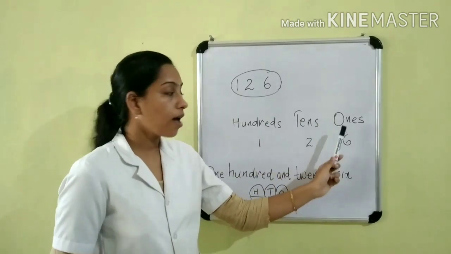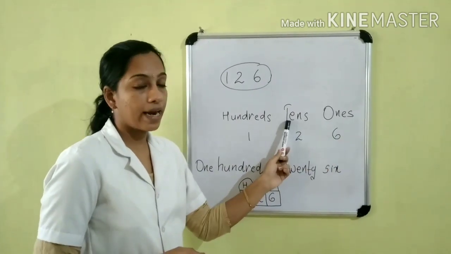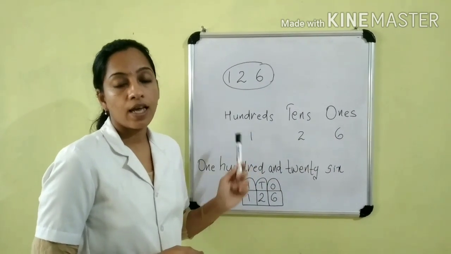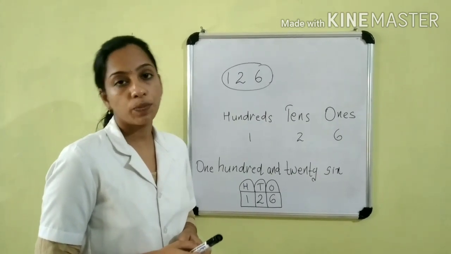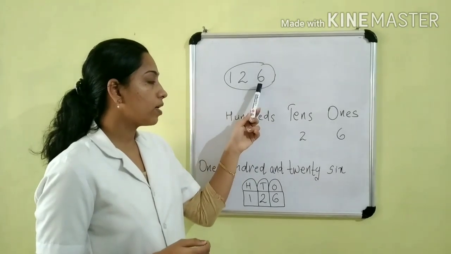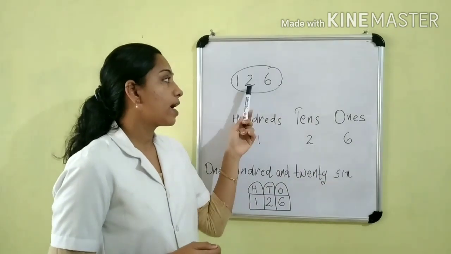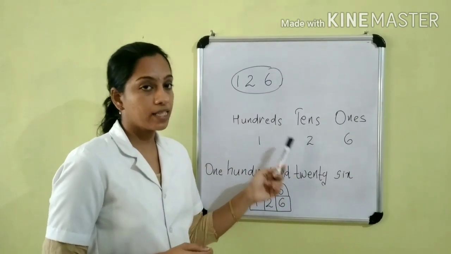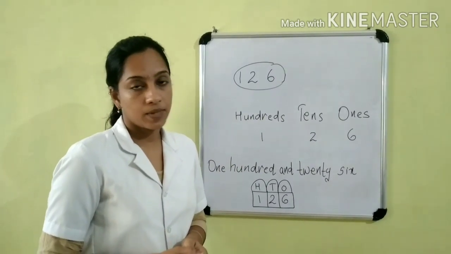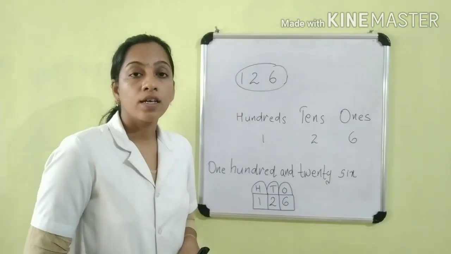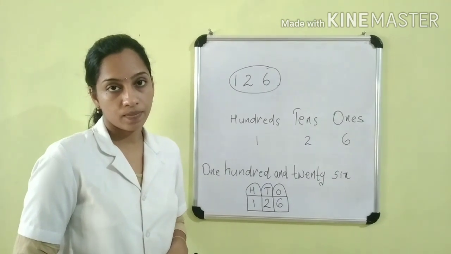The three places are ones, tens and hundreds. Let us see how to arrange the numbers in each place. In this number, the 6 comes under the ones space, 2 comes under the tens space and the 1 comes under the hundreds space. Is it clear?